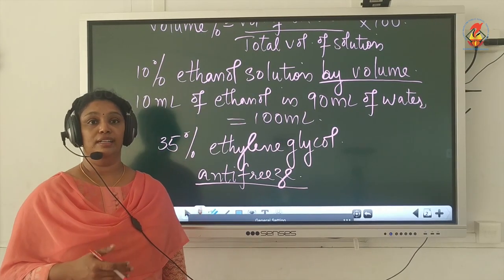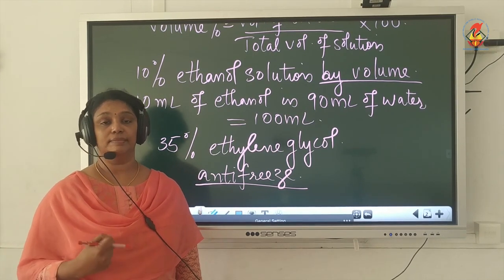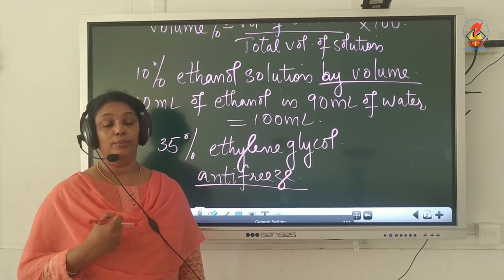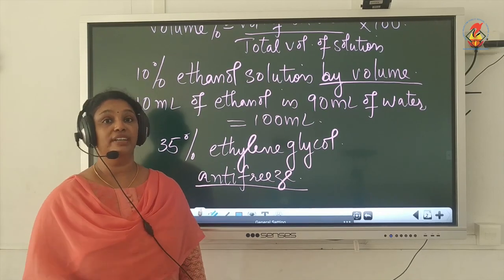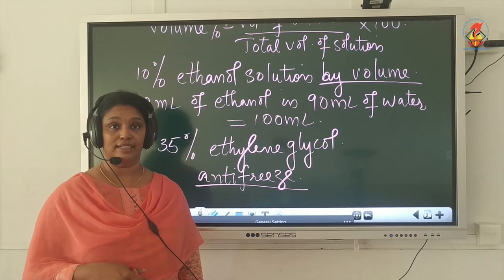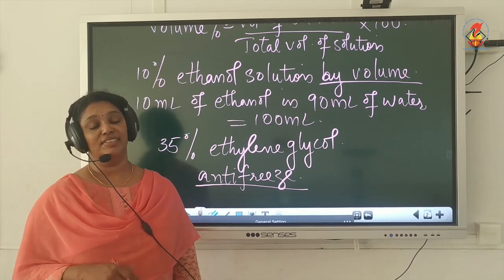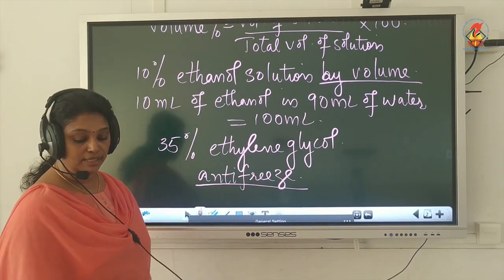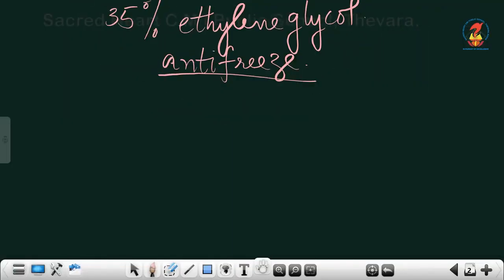So in cold countries, to prevent the freezing of water at 0 degrees Celsius, we add 35% ethylene glycol to radiators in car engines, so that the freezing point of water will be lowered to minus 17.5 degrees Celsius. Now, the next percentage term is mass by volume percentage.